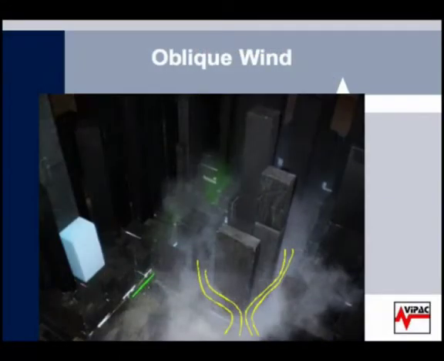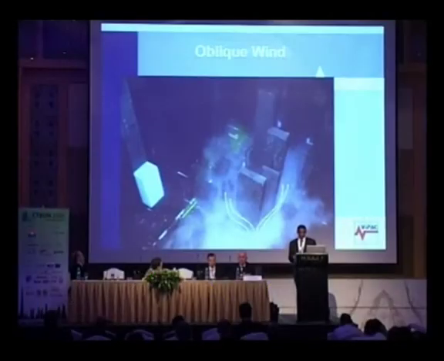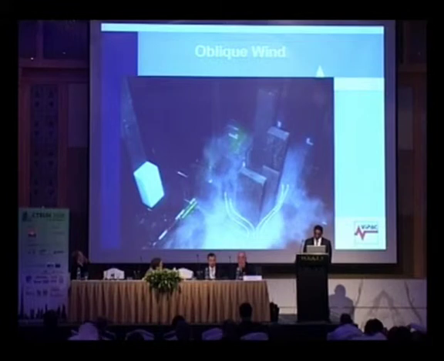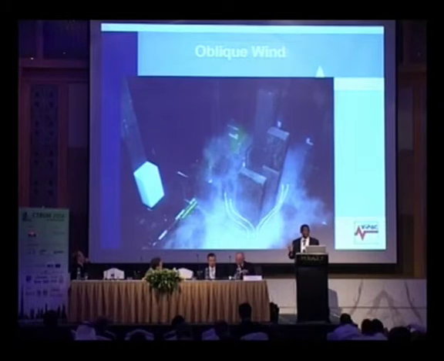But what will happen when we have a wind which is oblique, at some angle? Then we will have wind which is distributed in all the streets. So the strength may not be the same magnitude as the channeling flow, but you will have a lot of wind movement everywhere.